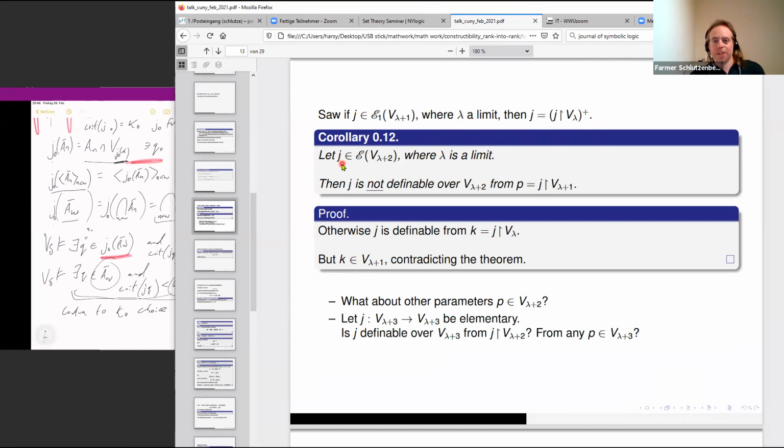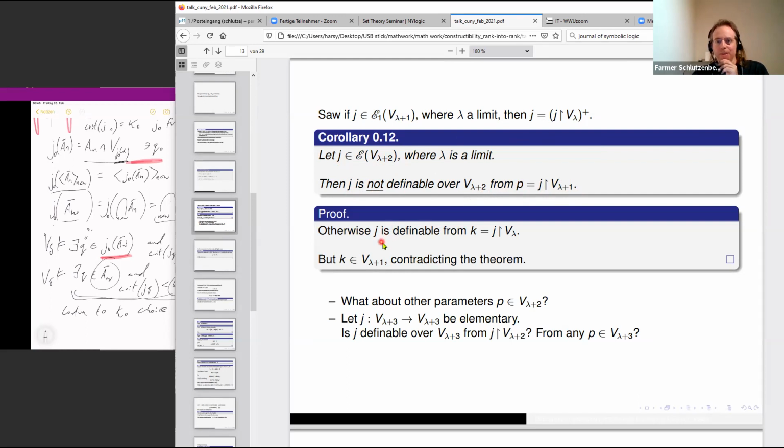Well, then we can ask, is that going to happen at V lambda plus 2 if we go up a level? So let's look at J elementary on V lambda plus 2, where lambda is a limit. Then it follows from the theorem and this here that J is not definable over V lambda plus 2 from its restriction to V lambda plus 1.